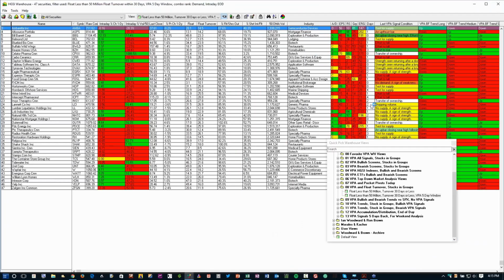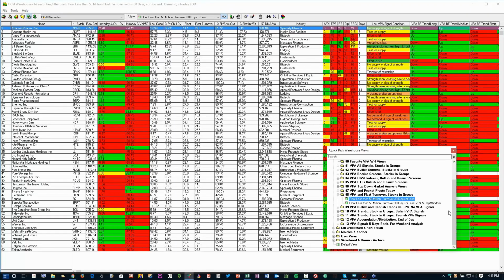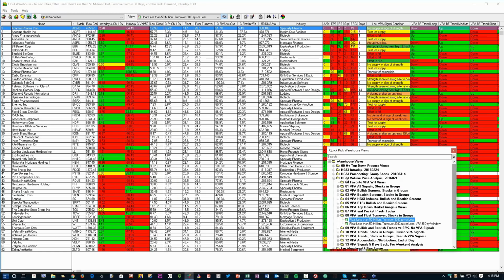Now, this is a view that you have. It's down under your VPA files, and I'm going to be updating these, like I said, and there will be some changes. In fact, I put a couple more fields in this warehouse view. You can add them if you'd like. But here is a filter with the float less than 50 million shares and the turnover 30 days or less.